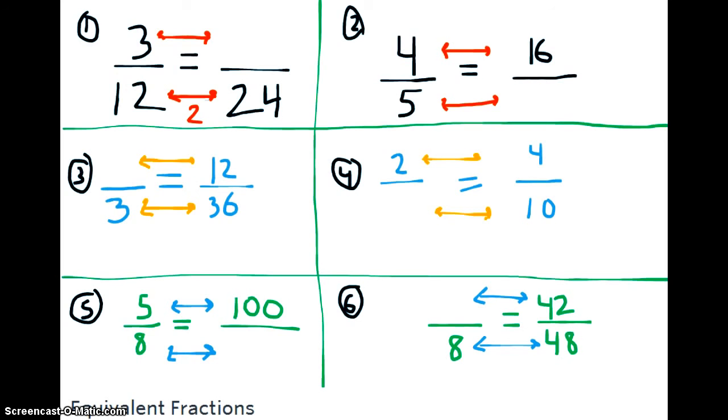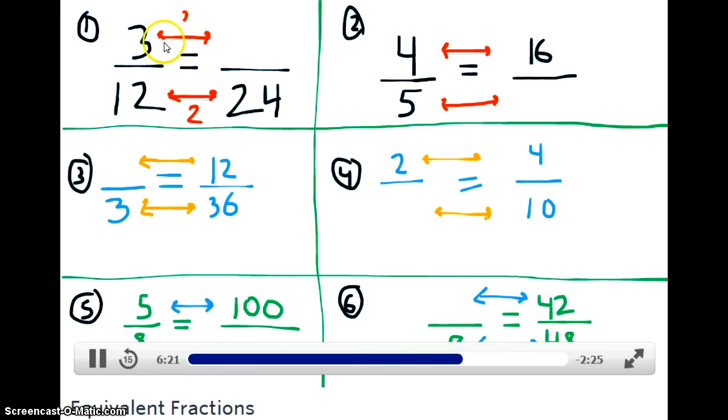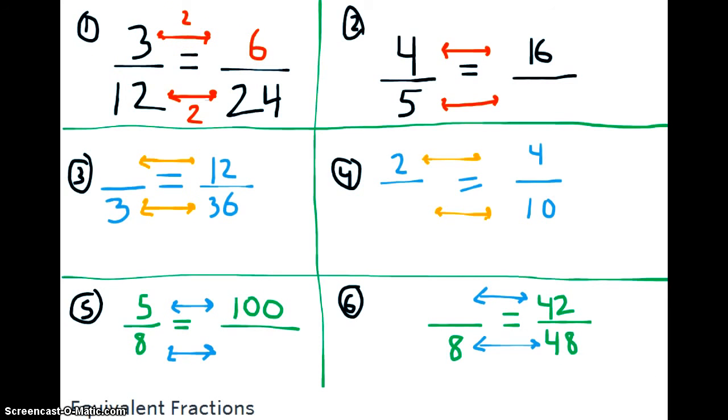So since my number is missing in the numerator, I'm going to start at my 3. Say 3 times 2 equals, well, 3 times 2 is 6. So my answer for this equivalent fraction is 3/12 is equal to 6/24.